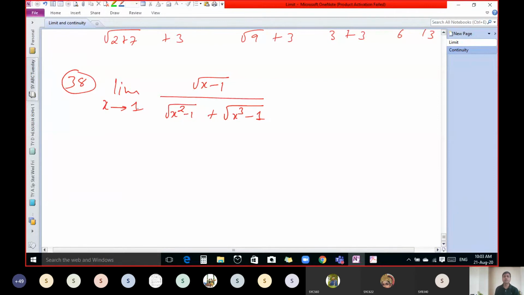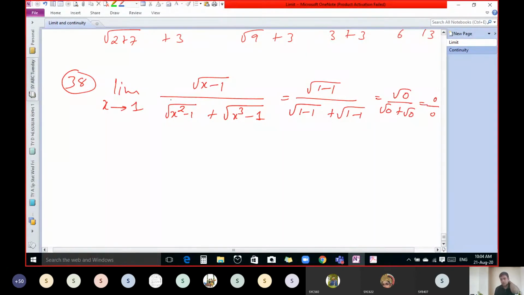If we put x equal to 1, we get root 1 minus 1, which is root 0, here also root 0, and root 0 is 0, and 0 plus 0 is 0.